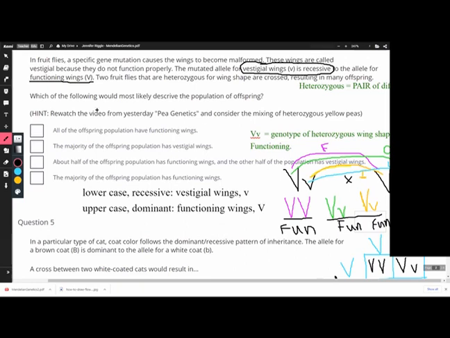So let's start at the top. Are all of the offspring going to have functional wings? Yes or no? Okay, I'm seeing lots of no's. So not all of them have functioning wings, so we are going to get rid of that one. Does the majority of the offspring have vestigial wings?